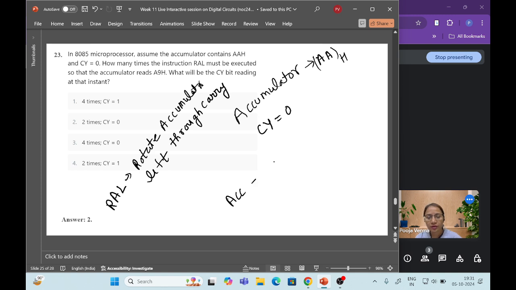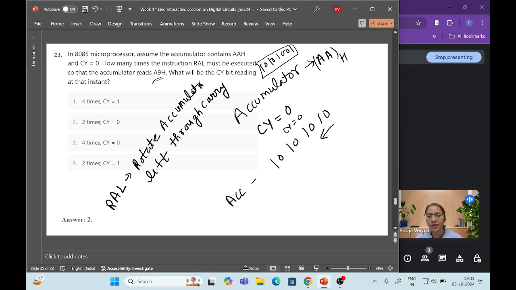It is AA, that means 1010 1010, and carry is 0. Rotate accumulator left means rotating to this side through carry. We have to read A9, that means 1010 1001 will be the value of the accumulator.